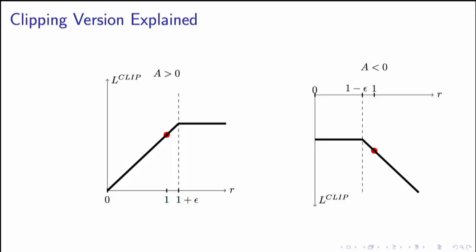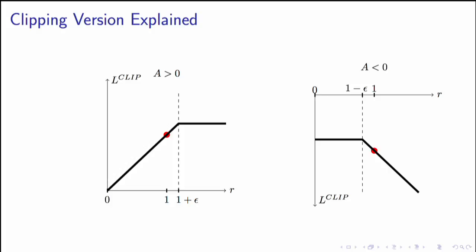So let's look at this clipping objective for a single time step. On the x-axis, let's look at the probability ratio, and on the y-axis, this single term in the objective. We start off where the probability ratio is 1, before we've updated the policy. And let's say the advantage is 1 here, so this action had positive advantage.